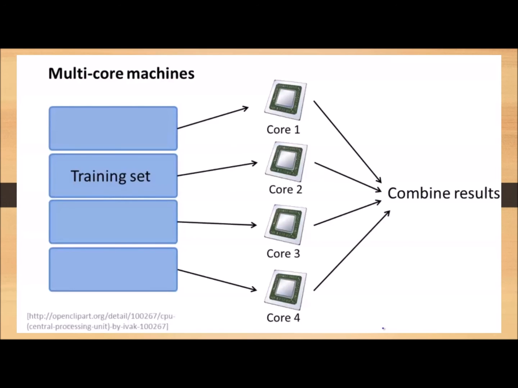If we have n computers for our m training samples, then we divide the training samples in the ratio of m by n. This is how we increase the efficiency of computation for batch gradient descent by using the concept of map reduce.